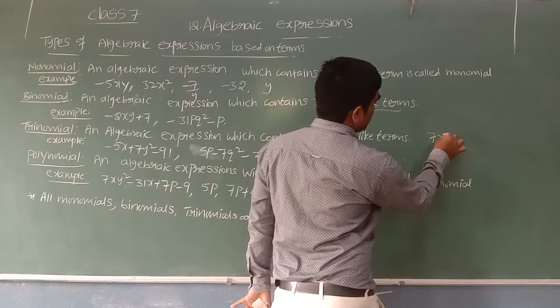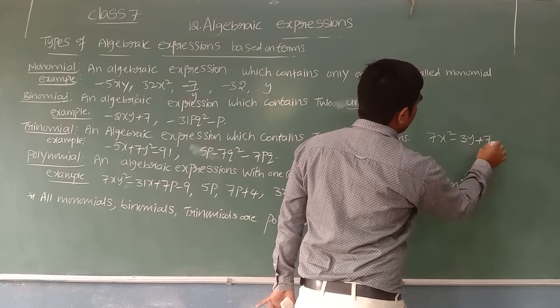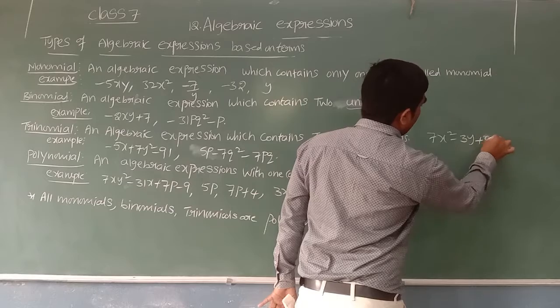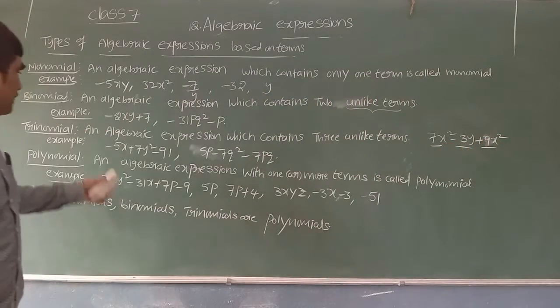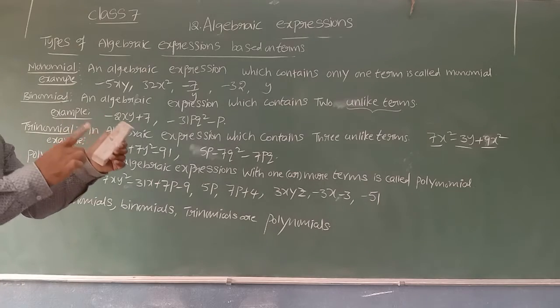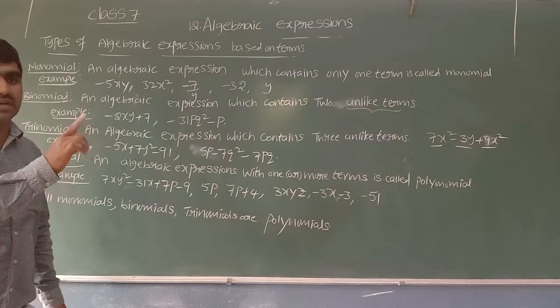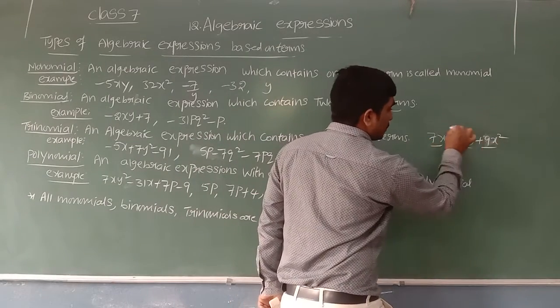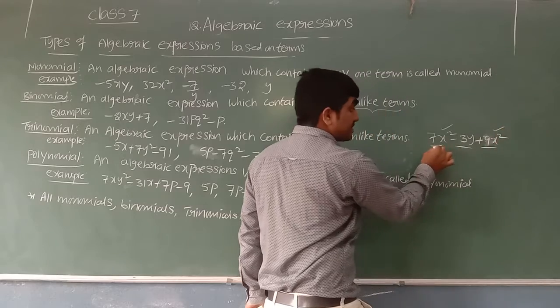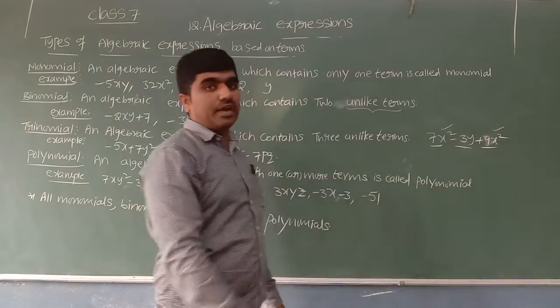Suppose I take 7x square minus 3y plus 9x square. 1, 2, 3. Three terms. Is it a trinomial? No. Once you simplify the like terms, then you can identify whether it is a monomial, binomial or trinomial. Here you can see x power 2, x power 2. These two terms have the same variable x and the same power 2. Same variables and same powers, they are called like terms.